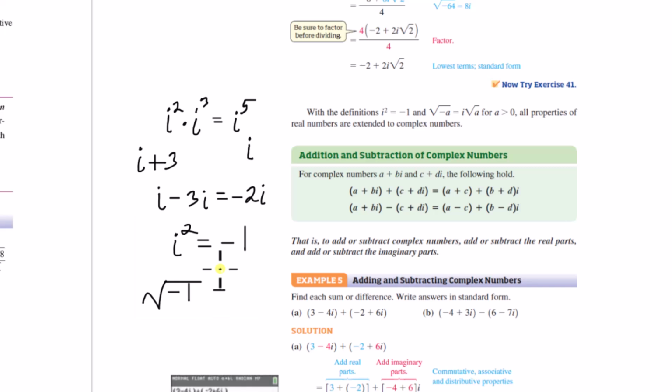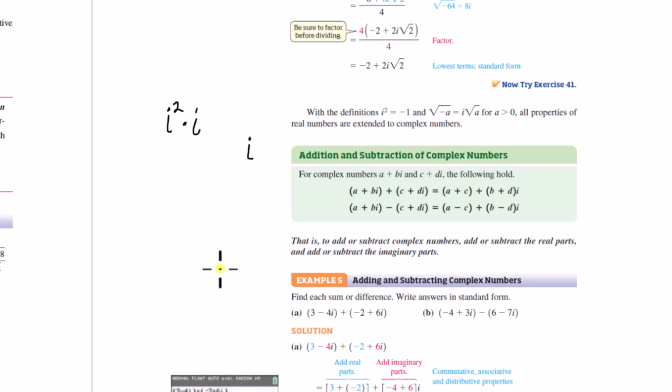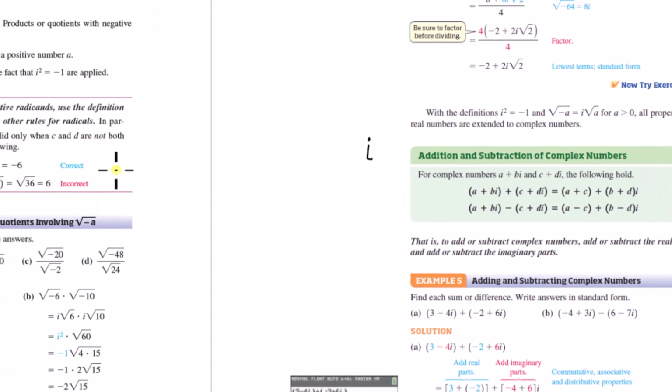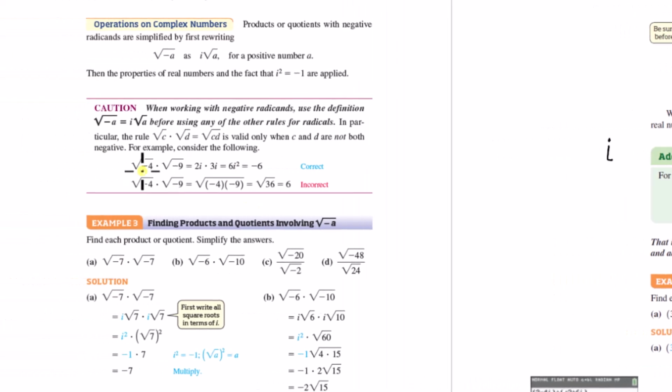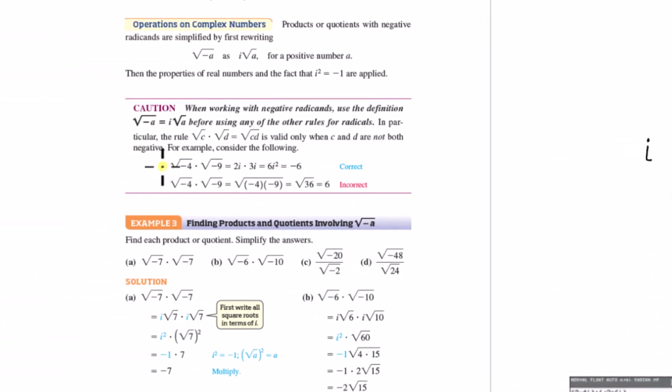Okay? Now, as we talked about in the previous video, there are some nuances that you want to be aware of when dealing with imaginary numbers or complex numbers. One of the nuances was that if you have something like the principal square root of minus 4 times the principal square root of minus 9, we know that based on properties of radicals, if you have the principal root of c times the principal root of d, you can combine them this way, and that results in the principal root of c times d.